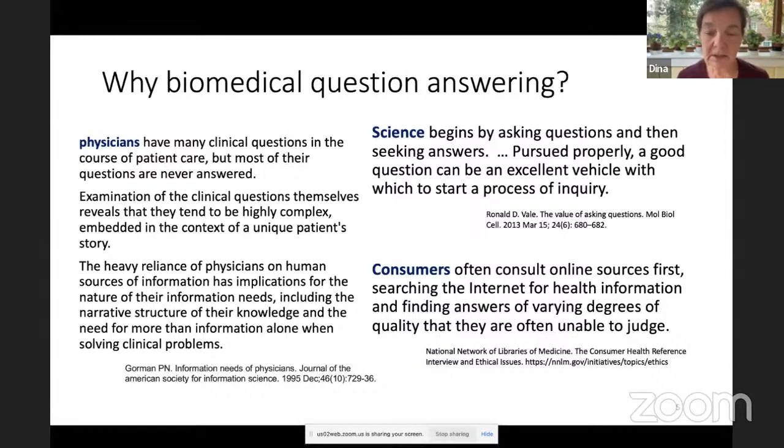So traditionally, and even if you look at the publications about 15-20 years ago, there are lots of articles that say the patients go to their doctors to ask their health-related questions.